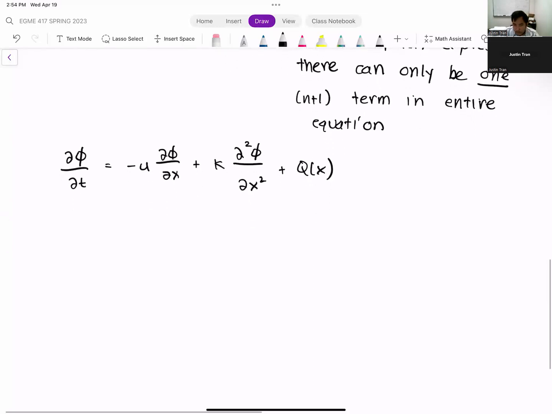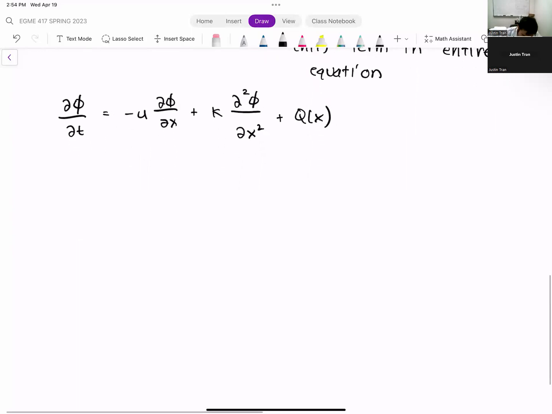Now let's replace every single derivative with the finite difference expression. First we have the time derivative, phi n plus 1 minus phi n, both evaluated at the node i. That's how we do the time derivative, basically a forward difference in time, so we use the superscripts n and n plus 1.